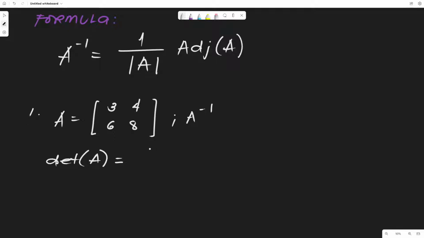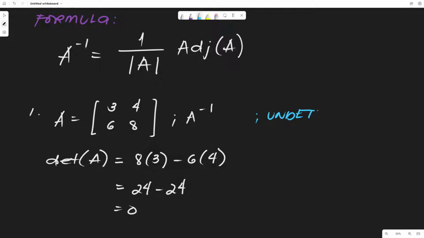We have 8 times 3, or 3 times 8, minus 6 times 4, which yields 24 minus 24. So the determinant is already 0. In this case, the answer is that its inverse is undefined, because the determinant is 0.